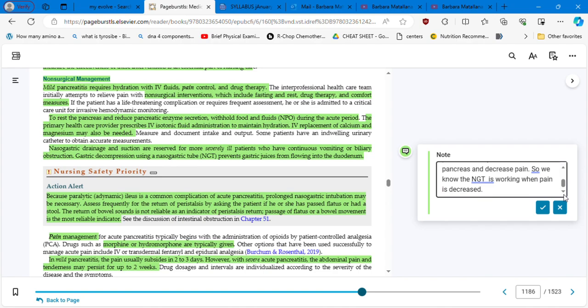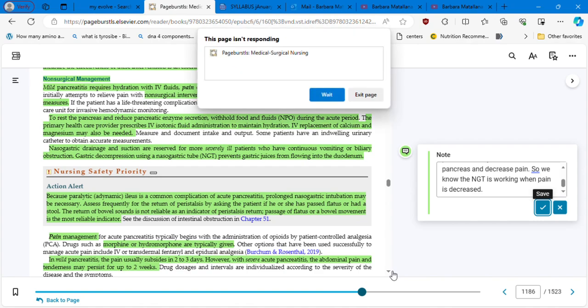So we know the NG tube is working when the pain is decreased, right? That's good to know. And then we have a safety priority because paralytic ileus is a common complication of acute pancreatitis. Prolonged nasogastric intubation may be necessary.